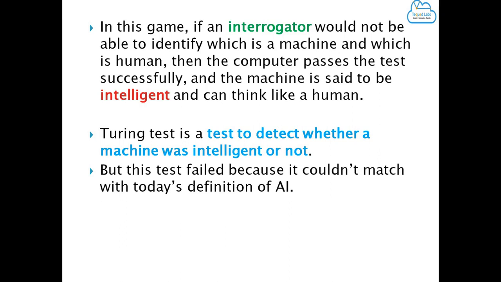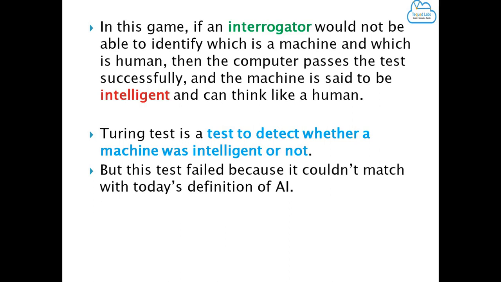But the major thing is, the Turing test was designed way back in the 1960s. So this test is failing to identify modern devices as artificially intelligent or not. The modern-day definition of artificial intelligence is different. That is why the Turing test fails to identify artificially intelligent devices. Why?